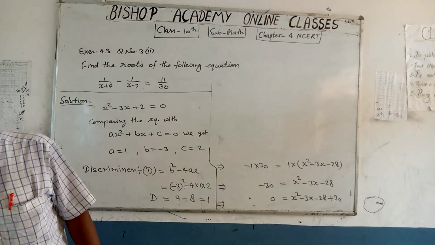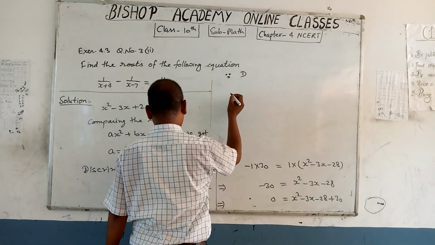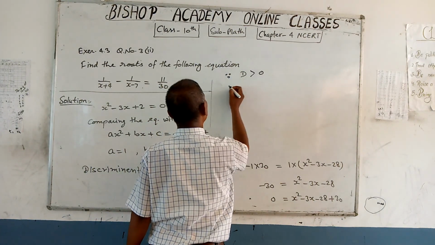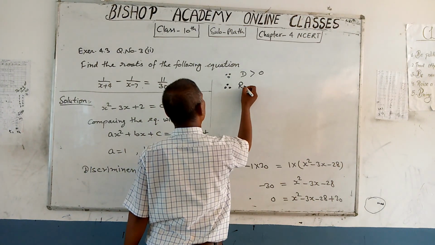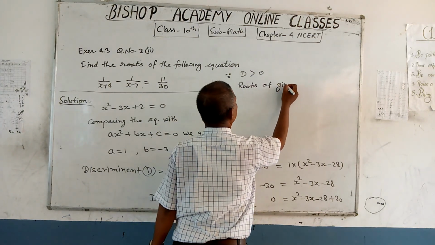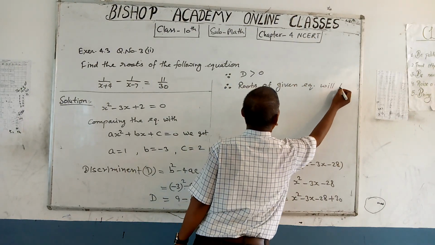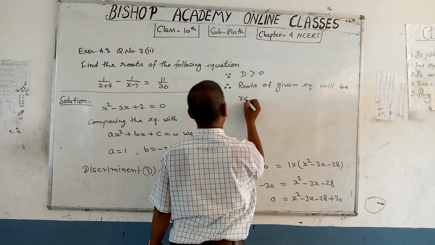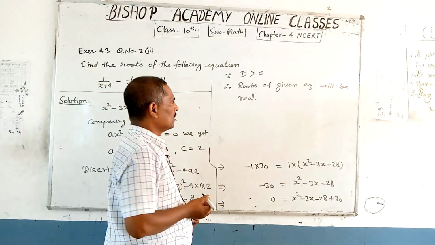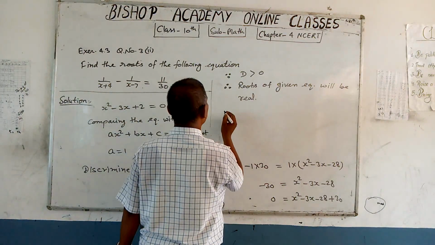So you can write here, since D is greater than 0, so roots of given equation will be real. So these real roots can be found here using quadratic formula.